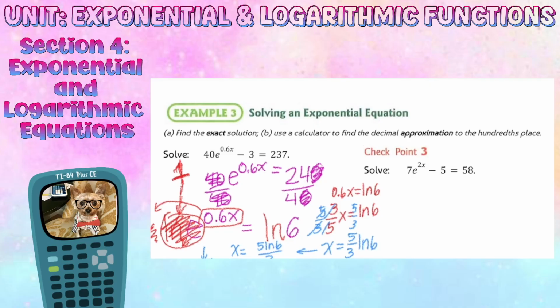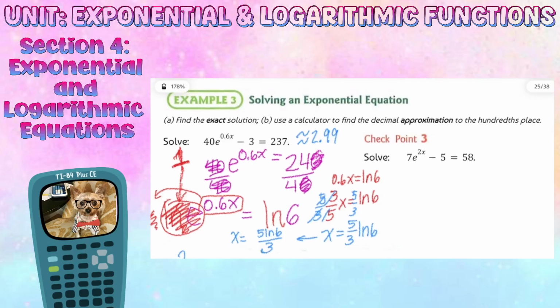So my approximate answer is approximately 2.99, because there was a 986. So there is my hundredths place. That's 2 decimal places. And that's it.